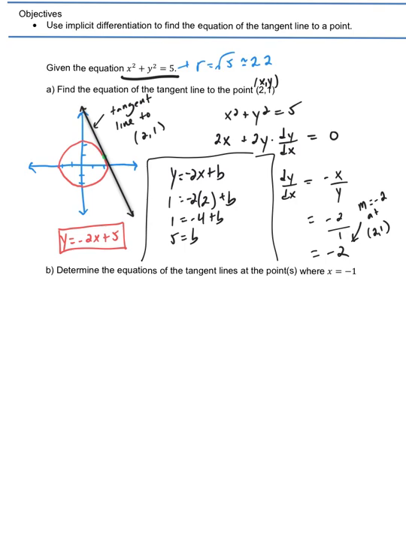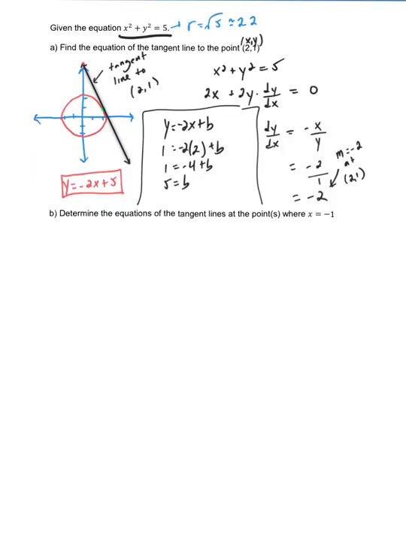And that looks about right based on our sketch. It looks like this could be like a y-intercept of 5 up here. And so you always want to check. And this should have a negative slope, because the rate of change at that point would be negative, sloping downwards.